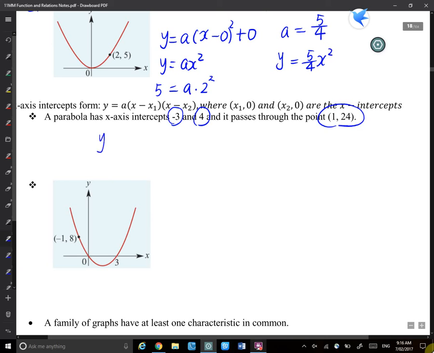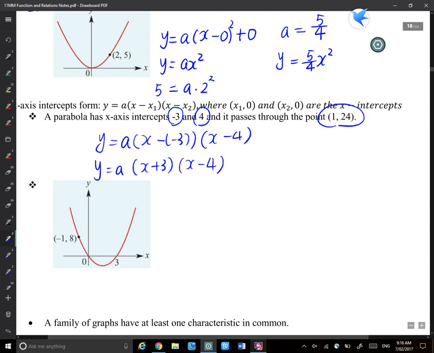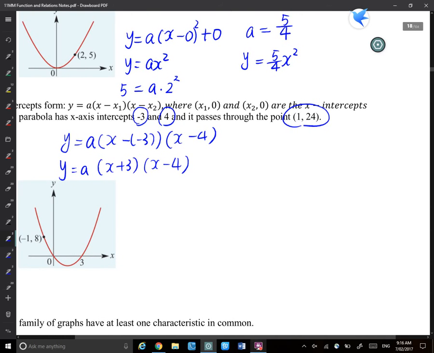We will use y equals a times (x minus the first intercept) times (x minus the second intercept). What I have is a times (x plus 3) times (x minus 4), and I need to find what the a value is.